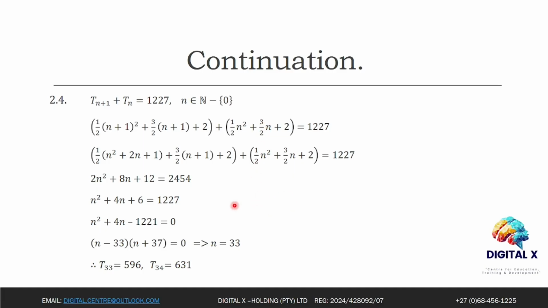So we are requested just to calculate the difference between the two terms, t subscript n plus 1 as well as t subscript n. So what will the difference of the two terms be? That's what we are interested in.